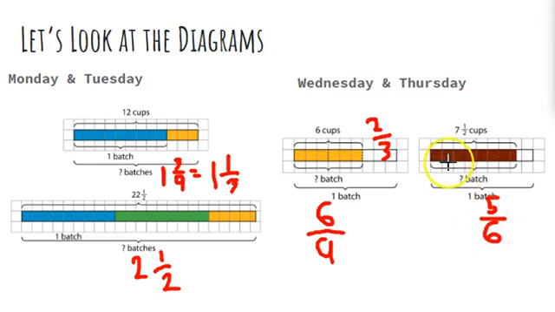And why is that? Well, when I take that 7 1/2 and I look at groups of 1 1/2 to try and match up here, I can see that I can make 5 complete full groups, right?